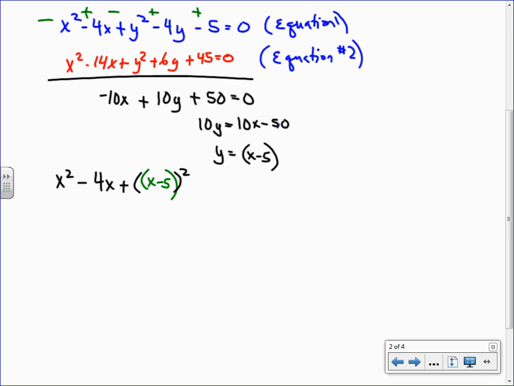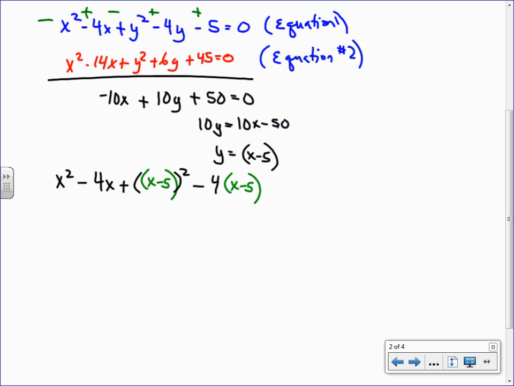I'm supposed to put minus 4y, but I'm going to put x minus 5. What would be next? X squared minus 4x plus y squared minus 4y.